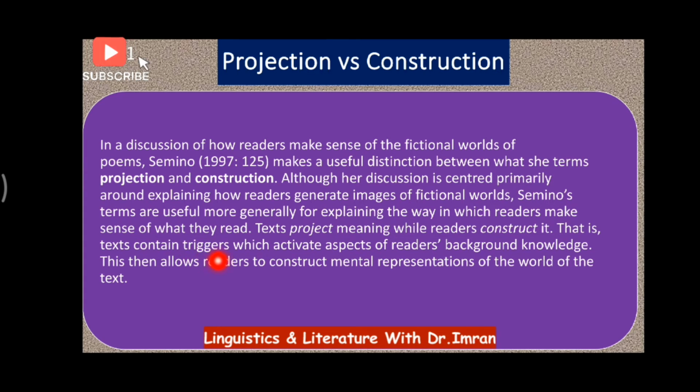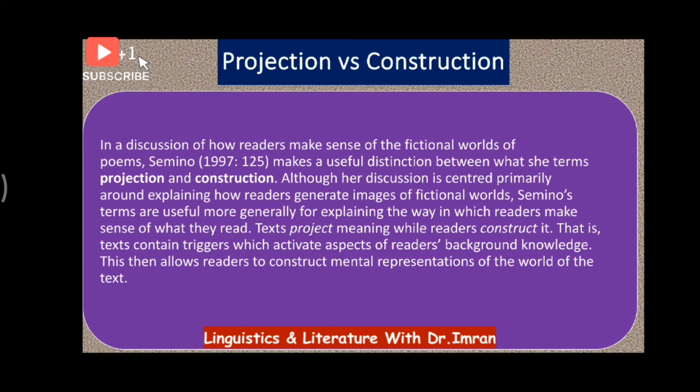So there will be some sentences, there will be some expressions, and those expressions will trigger and activate aspects of the reader's background knowledge. For example, you read about a feminist aspect of a character. So you already have background knowledge. So when you read about a feminist aspect of a character, your background knowledge is activated, right?